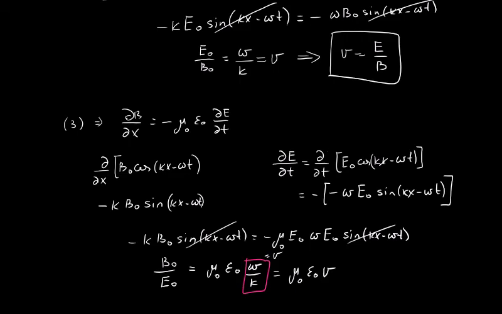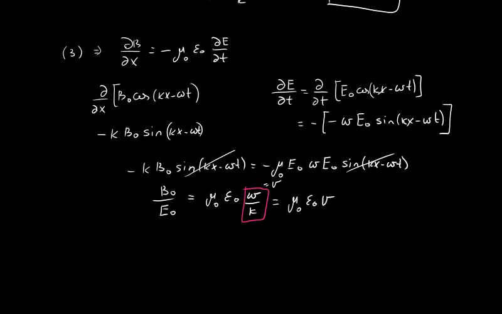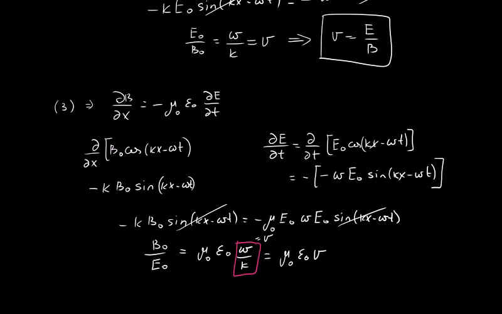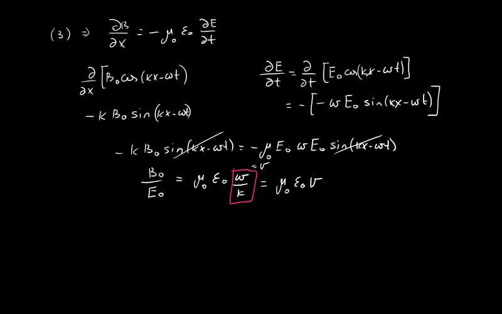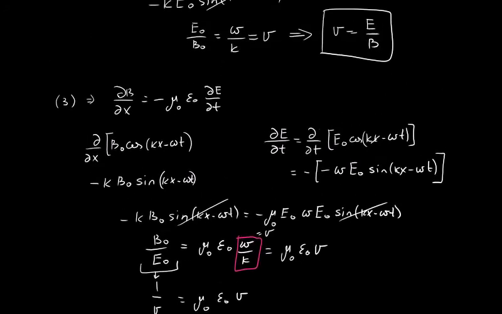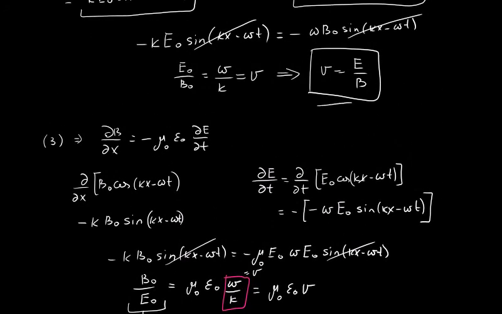From the previous one, we know that E over B equals V, so I can say B naught over E naught equals 1 over V. That equals mu naught epsilon naught V. So this guy is 1 over V, which we derived from equation 2 right here.